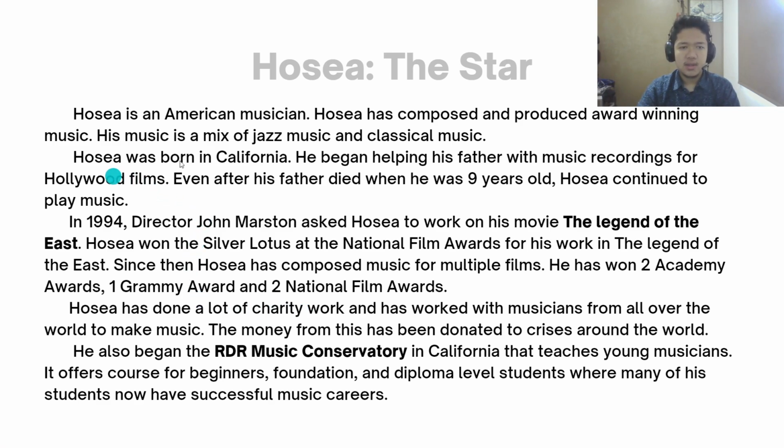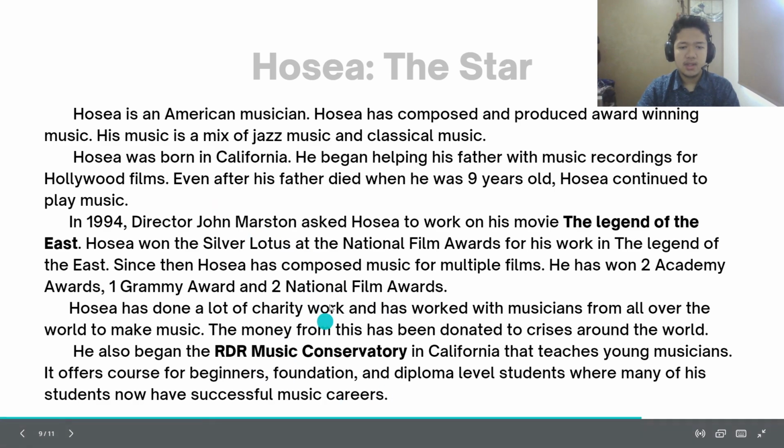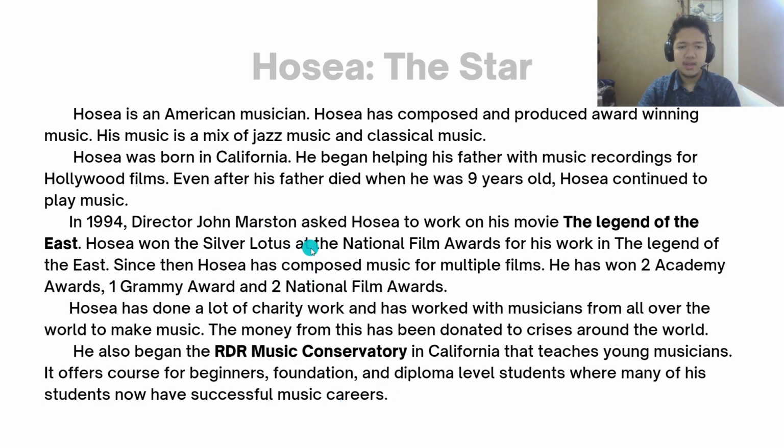After you read the first and last sentence of every paragraph, you need to focus on the bold words or images. But in this article, there are only bold words, no images here.